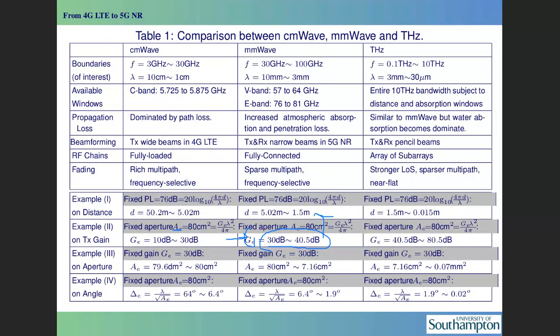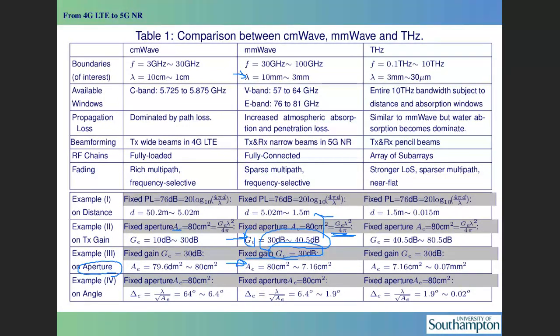We can see in equation 3, if we define a fixed antenna gain, so we need this much antenna gain for the signal to successfully get to the receiver, then based on the same equation, as the wavelength decreases in millimeter wave, the antenna aperture decreases.